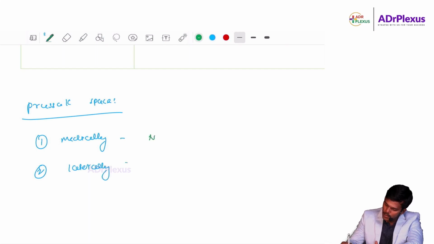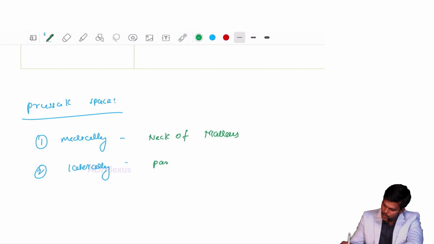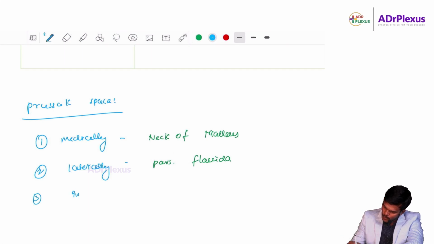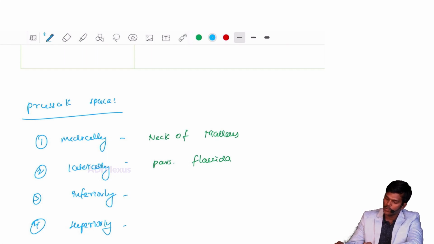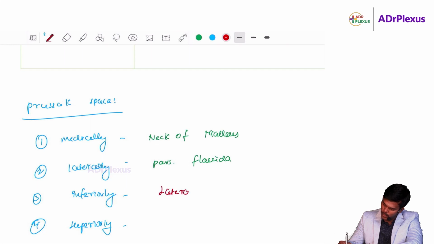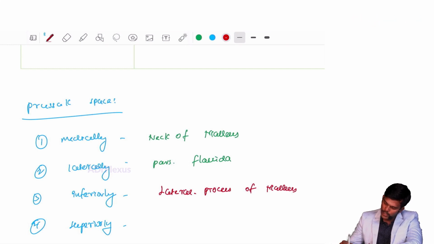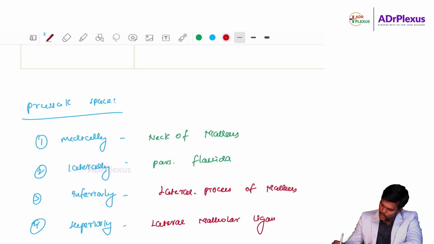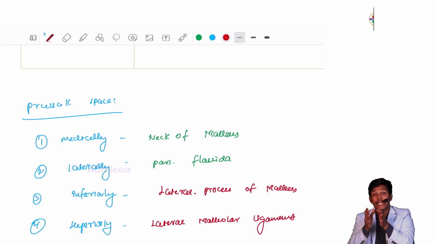Medially is the neck of malleus, laterally is pars flaccida, inferiorly is the lateral process of malleus, superiorly is the lateral malleolar ligament. So why am I telling about Prussak's space in brief?